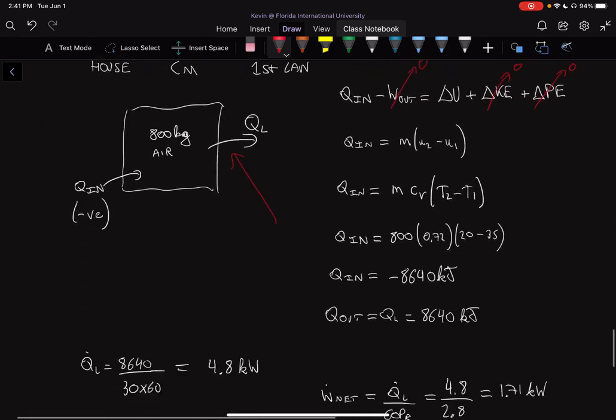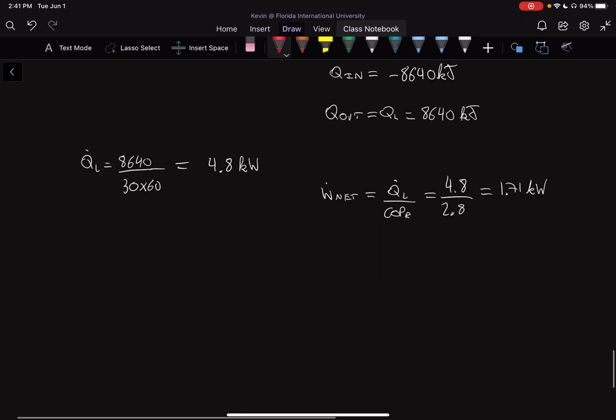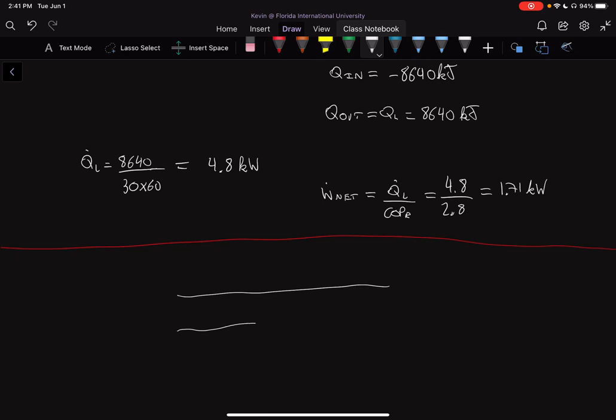Now, if you were given a different type of problem, for example, instead of the house you would now have a pipe with air flowing through it, and the air goes from 35 to 20 degrees. That's your system. Now you would use a control volume analysis because you have some mass coming in and some mass going out.